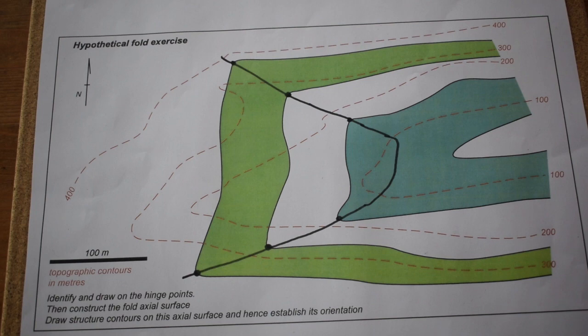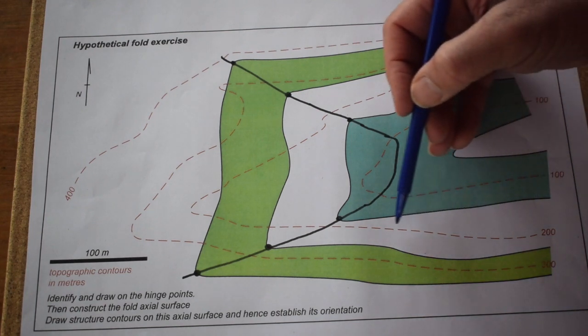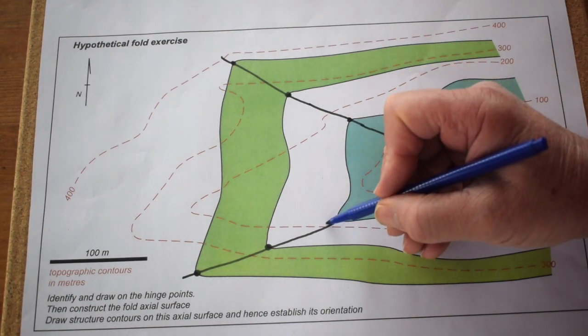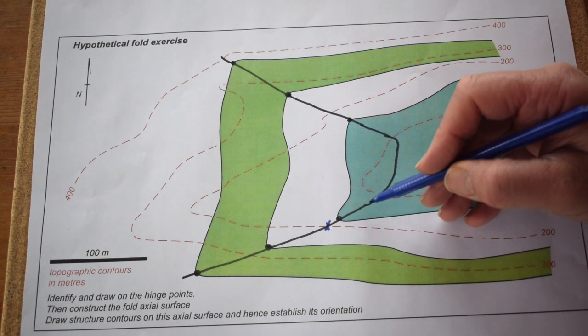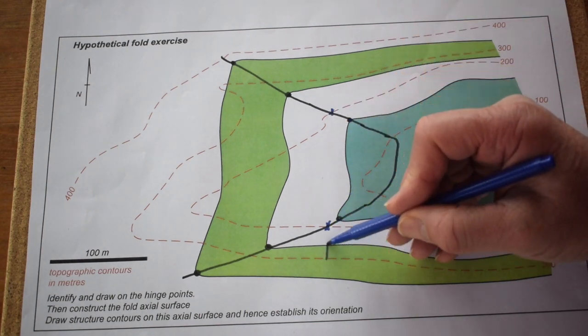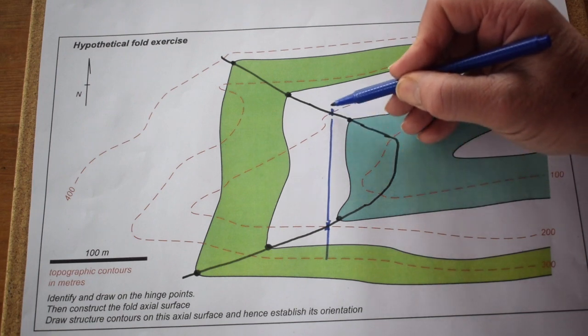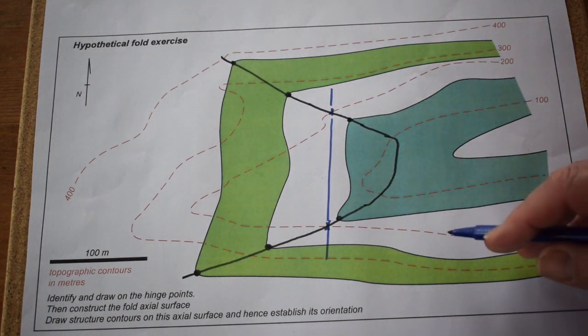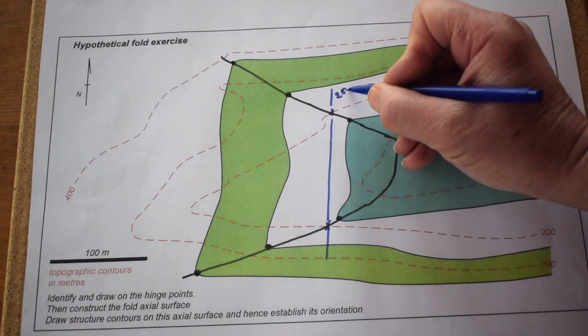Now we can draw some structure contours on it. And it's just like any other plane. So here's the 200 meter topographic contour intersecting the axial trace, and we can find it again over here. So there's a structure contour coming through like that. That's a structure contour of value 200 meters.